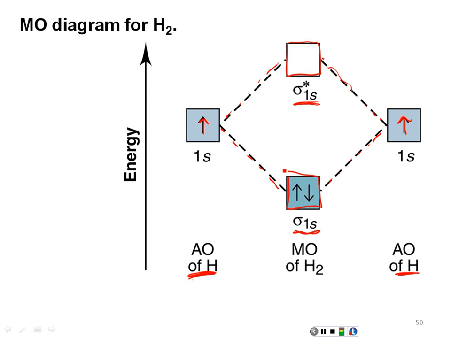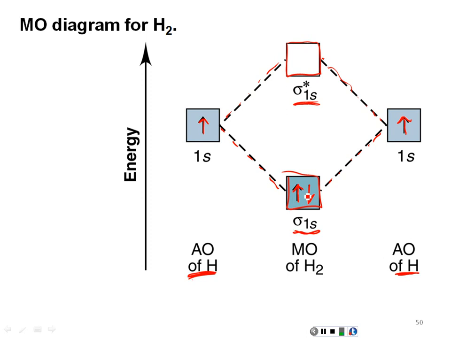And we have 2 electrons, 1 from each hydrogen atom, so we need to fill the molecular orbitals with 2 electrons. By the Aufbau principle, we start with the lowest energy orbital, the sigma bonding orbital. And then by Hund's rule, we add them with their spins paired.